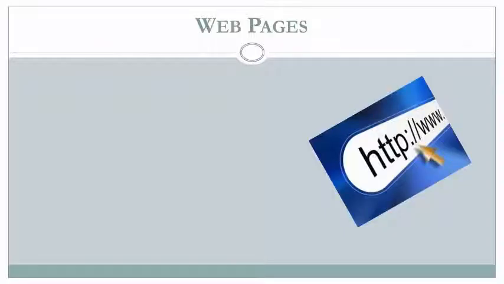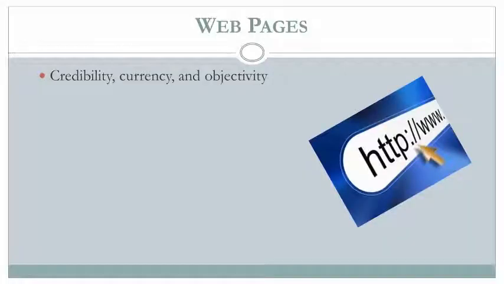Web pages. Okay. So web pages is another great source of information. There's several things that you want to establish before you cite a web page, however. You want to make sure of the website's credibility. You want to make sure that you are citing a website that goes through some checks and balances, that has some credibility.